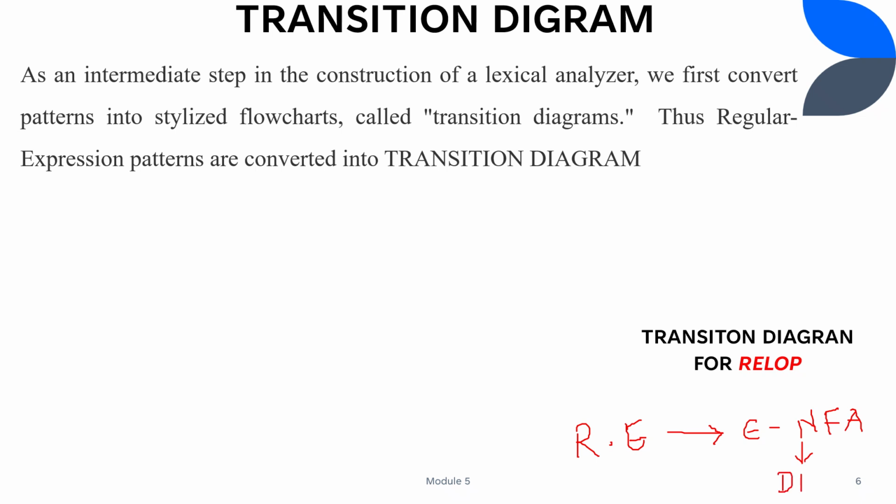So for any regular expression, it is possible to create an epsilon NFA, and the epsilon NFA can be reduced to a DFA. This is the logic used by the lexical analyzer.